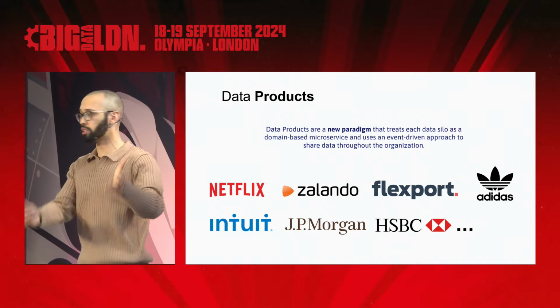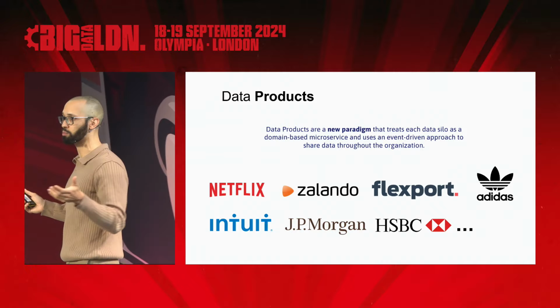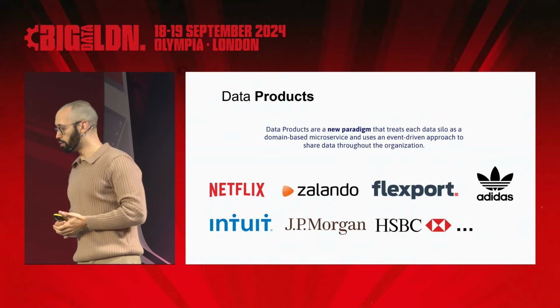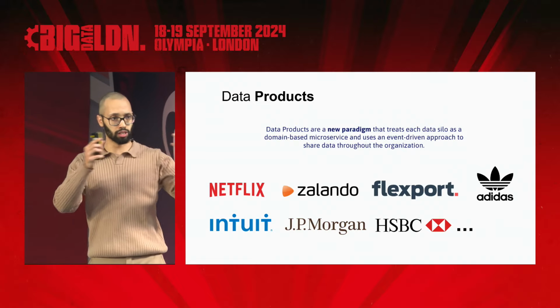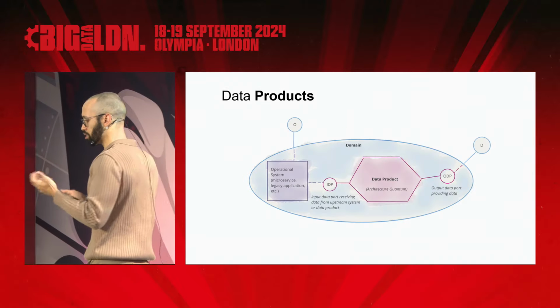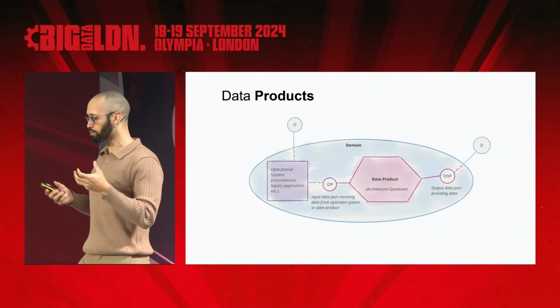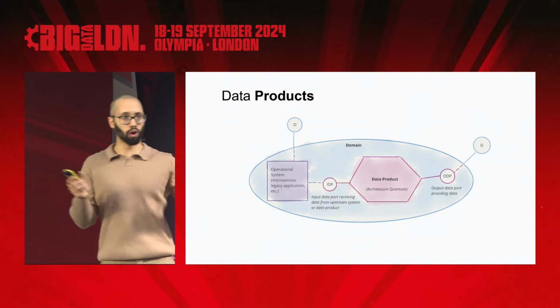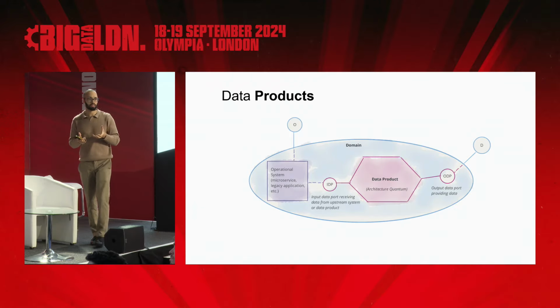So data products, really exciting paradigm. There's probably a million bazillion talks on data products at Big Data London, so I'm not going to belabor the point that much. But it's this new paradigm that's effectively starting to think of data as a domain, as a microservice. And this is really meaningful in a few different ways. You've got your architectural quantum in the center there, and you've got your operational system that produces that data owned by the same team, right?